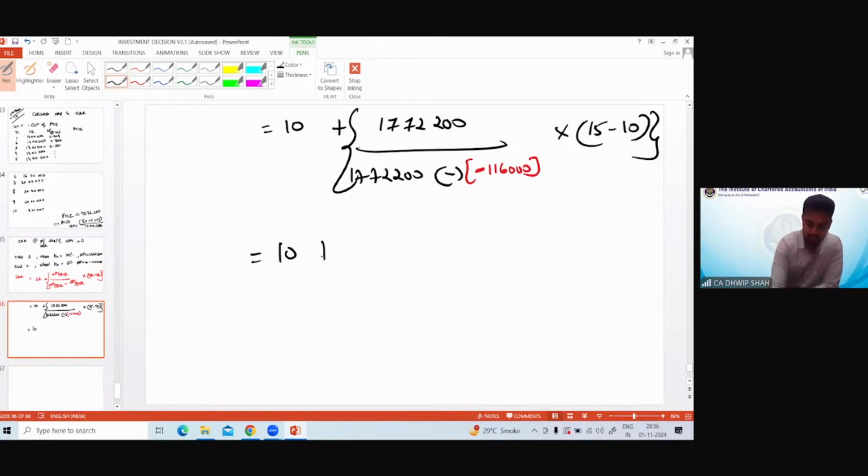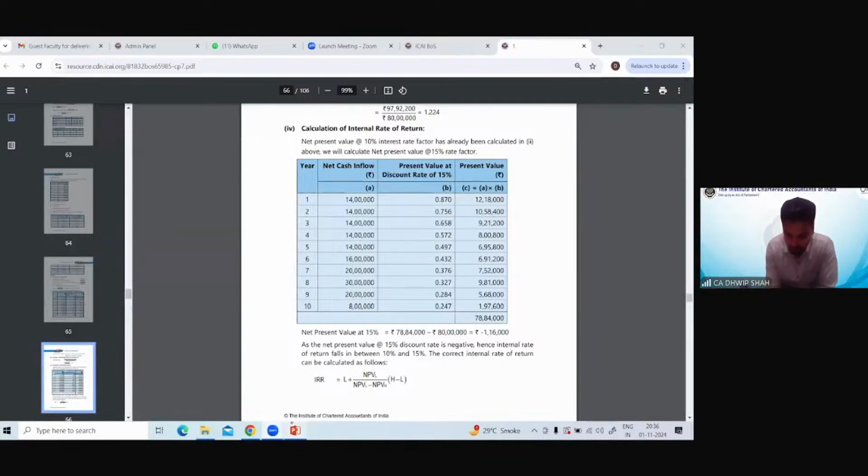Okay. So what answer did you get? 1772,200 plus 116. Tell me, what total did you get? Because you would not have used 3 decimals, you would have used them entirely. And there is only a difference of 200 rupees. There is only a difference of 200 rupees, so that's fine.